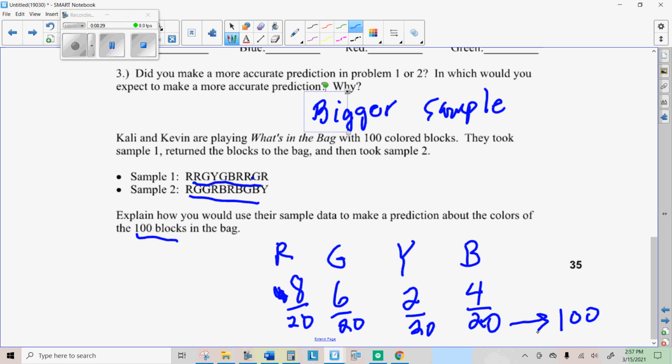And that's 5. So multiply each of these by 5 would be another way to do that. So 8 times 5 is 40 red, 6 times 5 is 30 green, 2 times 5 is 10 yellows, and 4 times 5 is 20 blues.